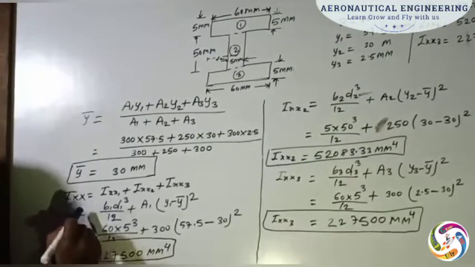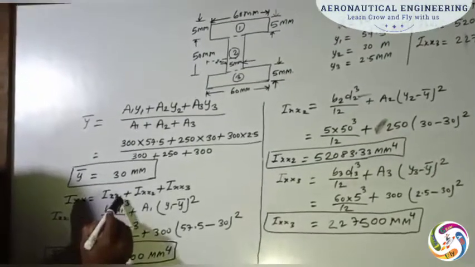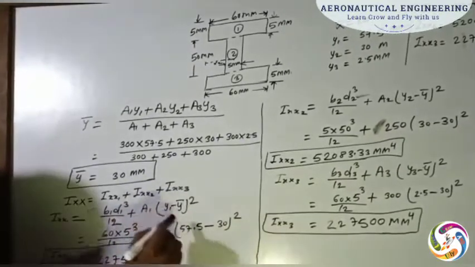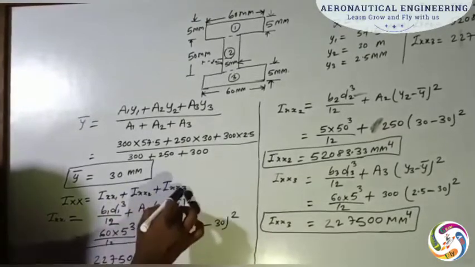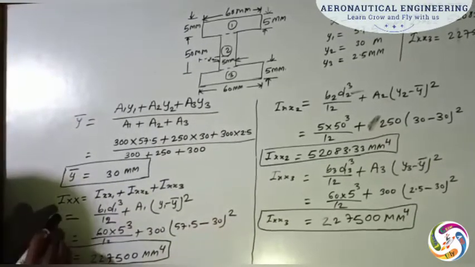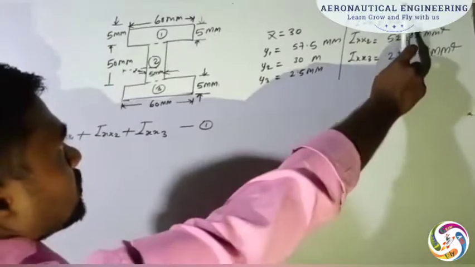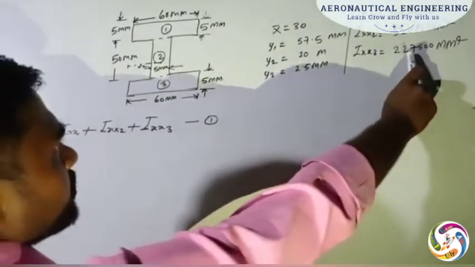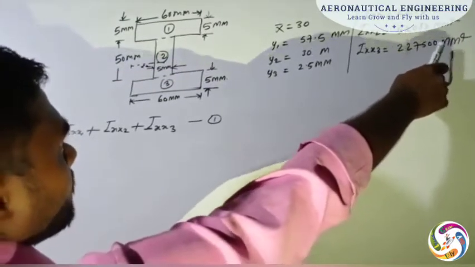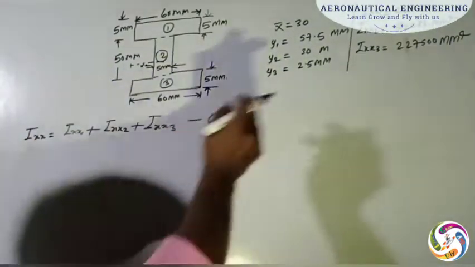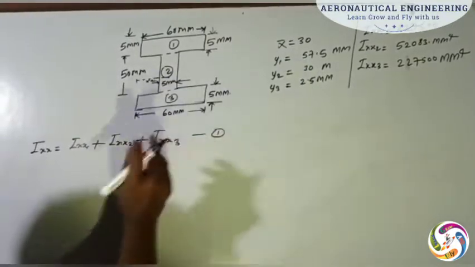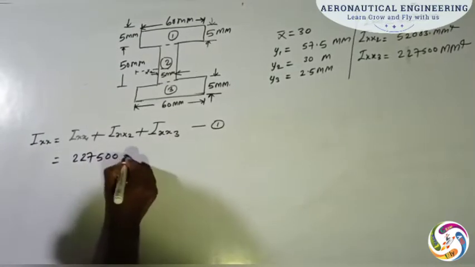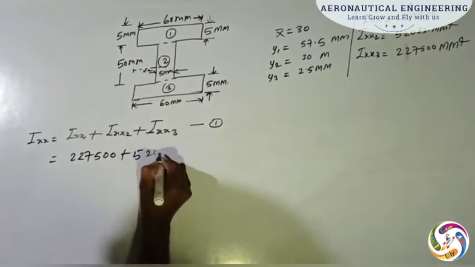Now we have to calculate the Ixx value. We know the values of Ixx1, Ixx2 and Ixx3. So substitute the values of Ixx1, Ixx2 and Ixx3 in this equation and we get the value of Ixx. Ixx1 value is 227500, Ixx2 is that much and Ixx3 is also 227500. So now I am putting the values in this equation: 227500, 520.